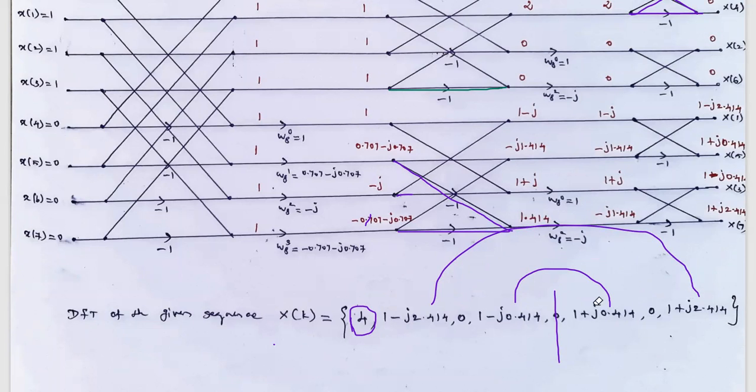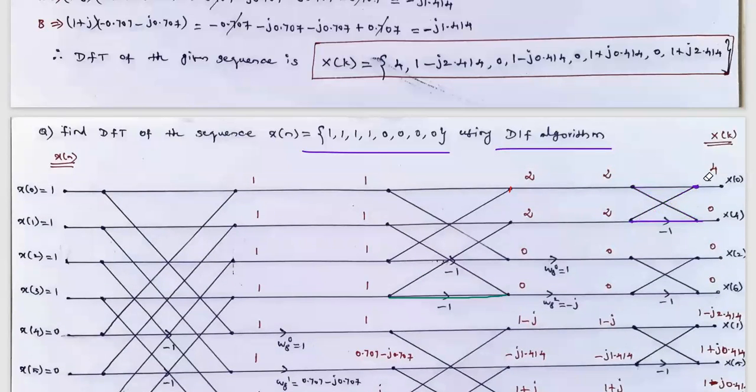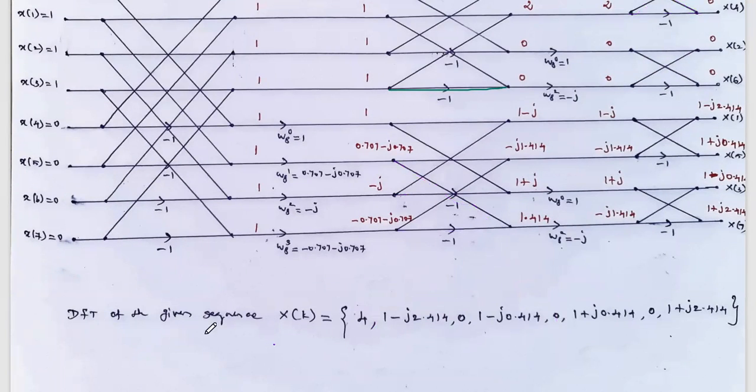So in any way, for the same problem, if you are calculating the DFT in the DIT algorithm, DIF algorithm, or in the direct evaluation method, in any way you can get the same answer. You see the X of k obtained in the DIT algorithm, the same answer is available here.